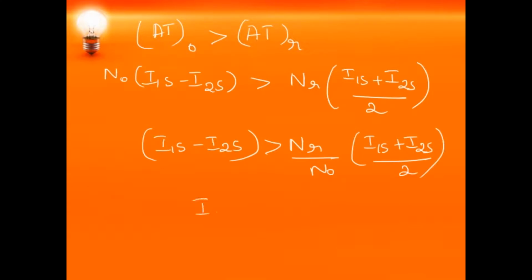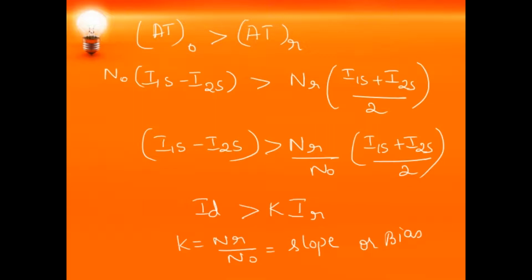Or ID, the differential current, is I1S minus I2S. It should be greater than K into IR, where IR is the restraining current. This K is nothing but NR by N0. It is called the slope, or the bias.